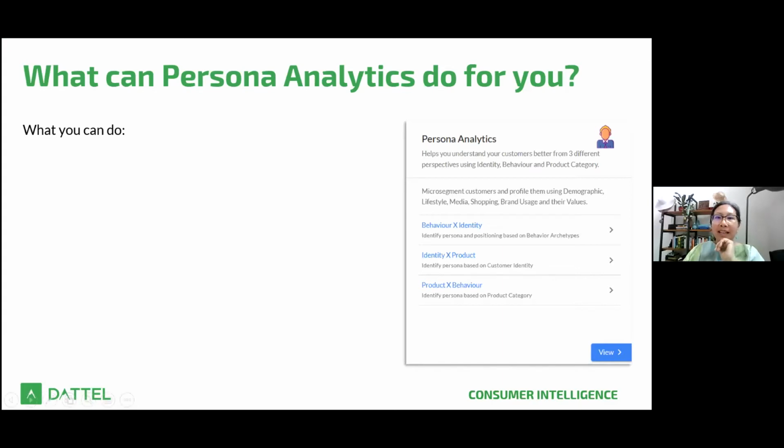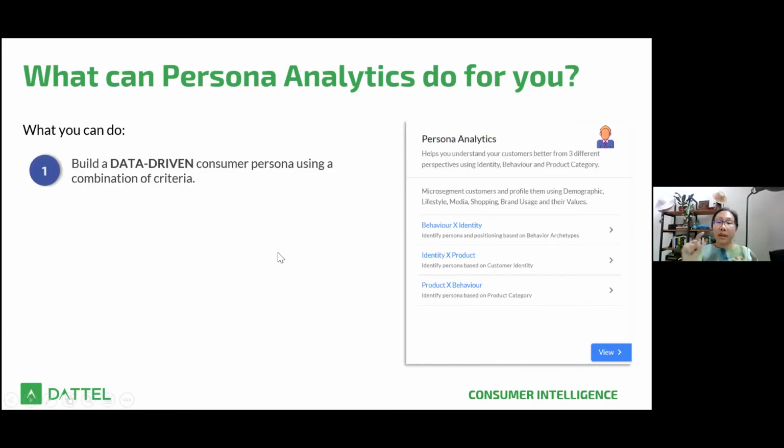Now, basically what we can see with persona analytics, which is the very first one that I showed you, is that you can build your own data-driven consumer persona. All it takes is combining the criteria set at the very beginning, and then it will populate the rest with a curated data set. Secondly, you can now save the customer personas. That's the latest new feature. You can save your personas so that you can use them repeatedly.